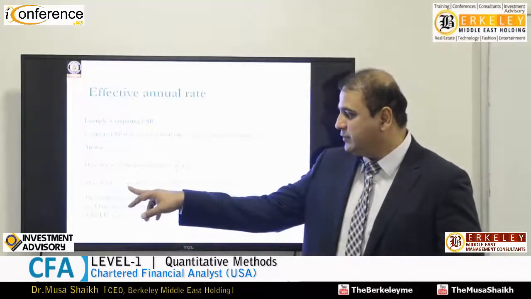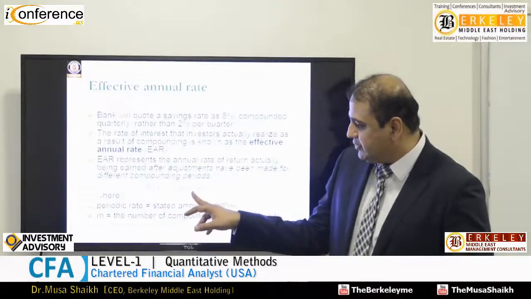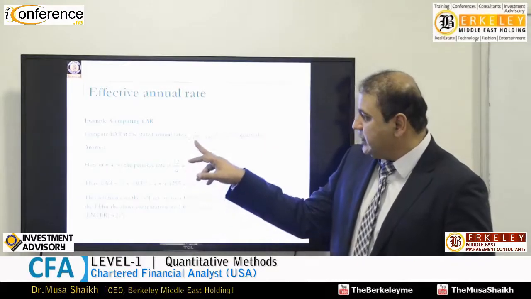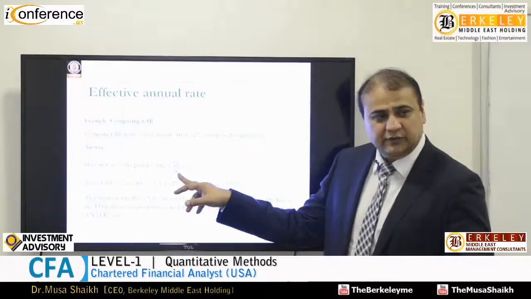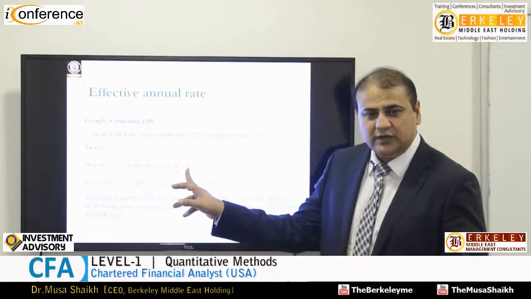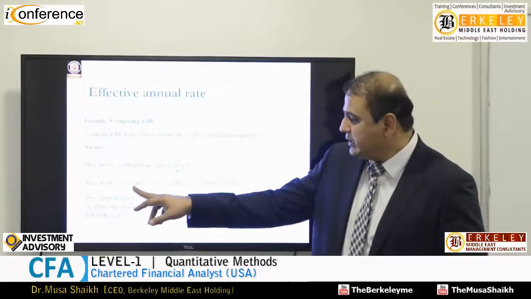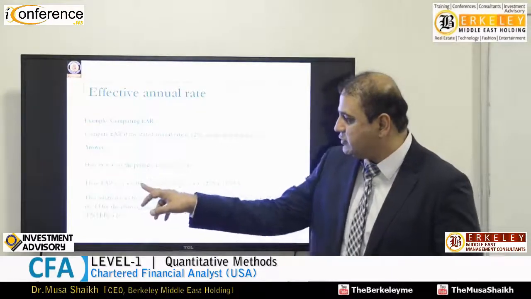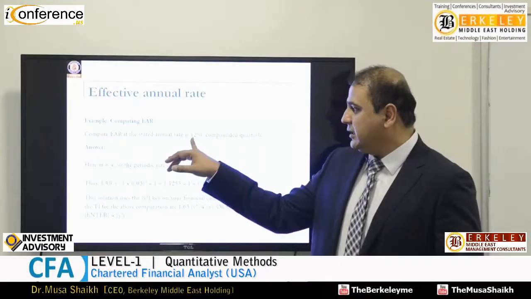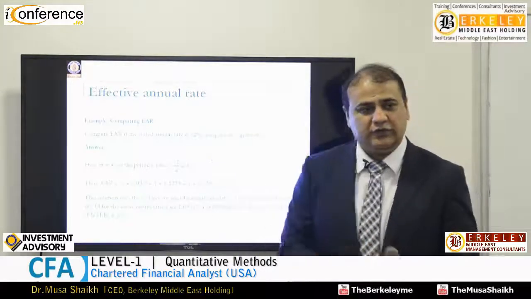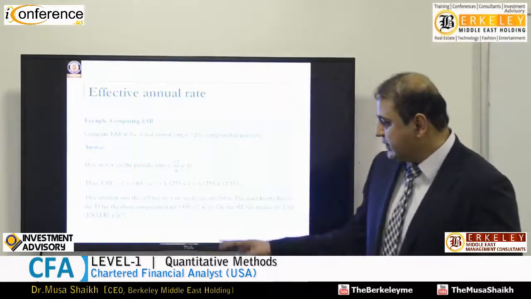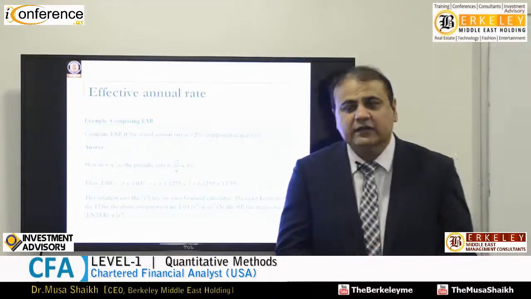Then you have to use the formula: 1 plus periodic rate, raised to the power m. Dividing 3% by 100 gives 0.03, so 1.03, and m is the quarter, which is 4. The annual rate is 12 and m is 4, so 12 divided by m gives 3, and then minus 1, you will get 12.5% as the effective rate that you have to pay.